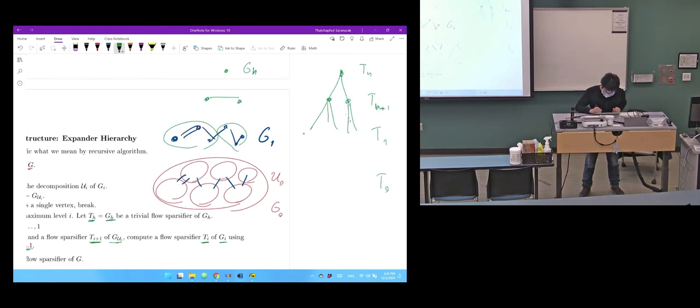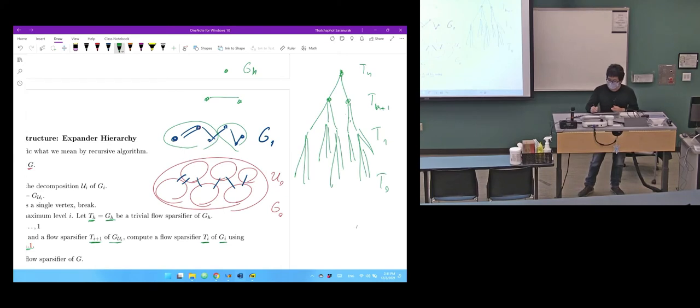And T0 is going to be like this. This is how the structure looks when you apply the theorem recursively. So what you get is a tree. Given any graph, you can build some tree in this way.